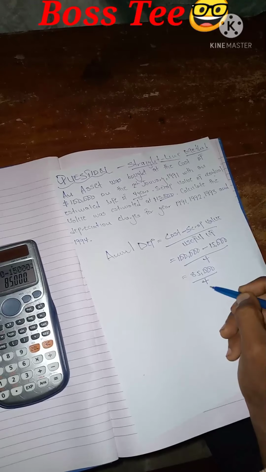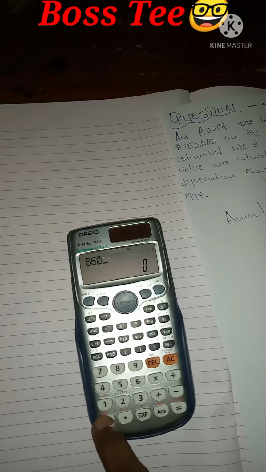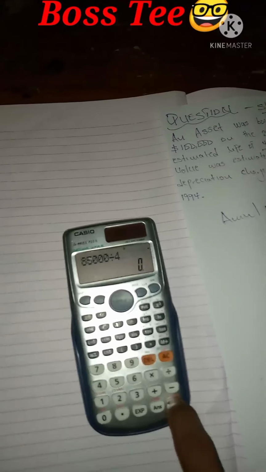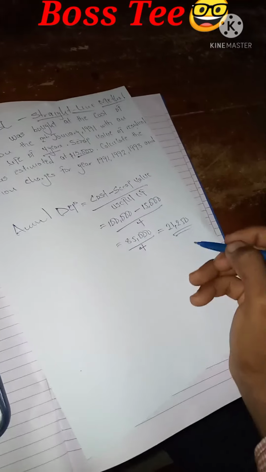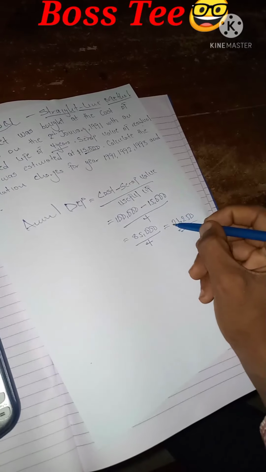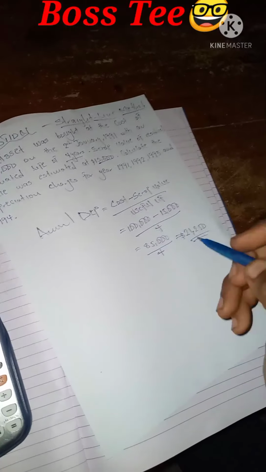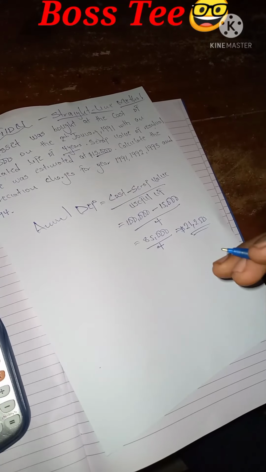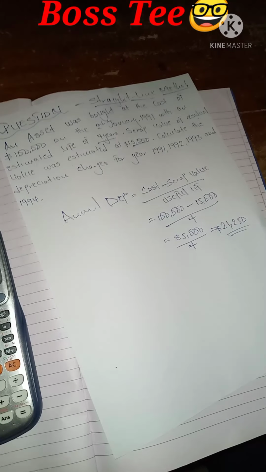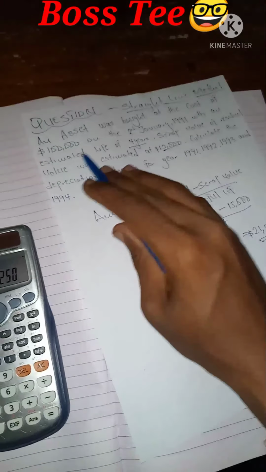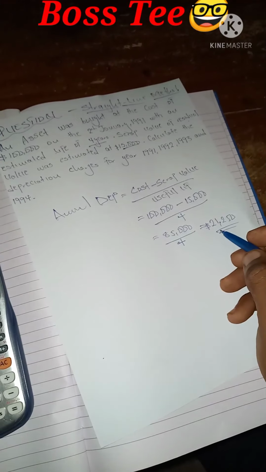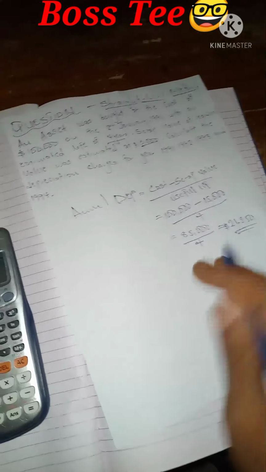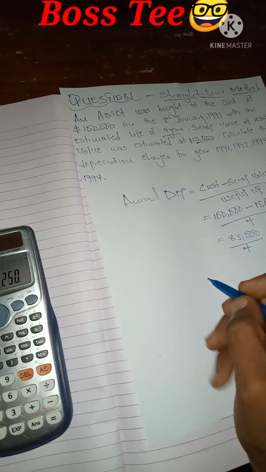You divide it by the useful life. 85,000 divided by 4 gives us 21,250. So $21,250 will be our annual depreciation every period. That means every period, this particular asset that was purchased on 2nd January 1991 will be depreciated by $21,250.